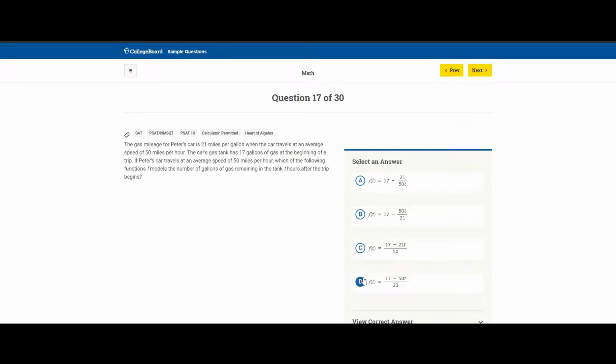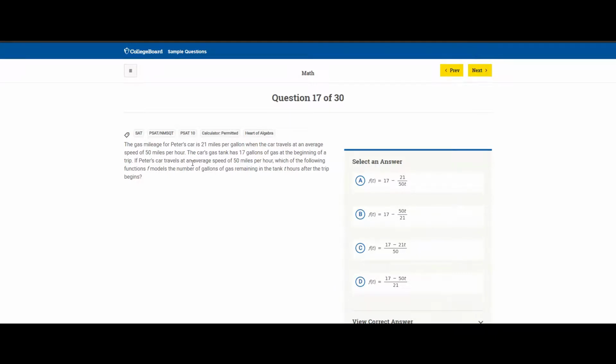These don't make any sense. I don't think they do, if I'm looking at this, right? Let's see, 21, 50, 17 gallons of gas, 50 miles per hour. So we're looking at gallons.